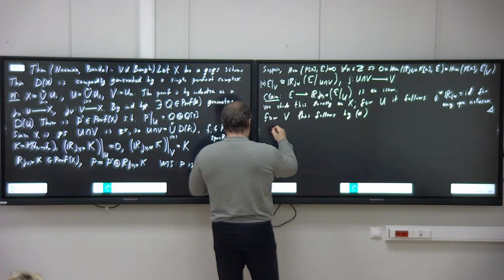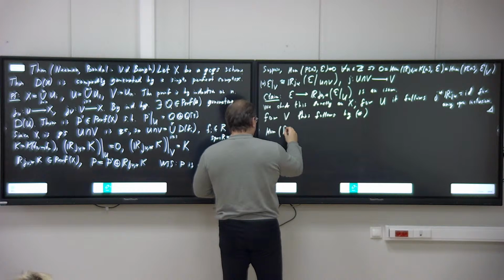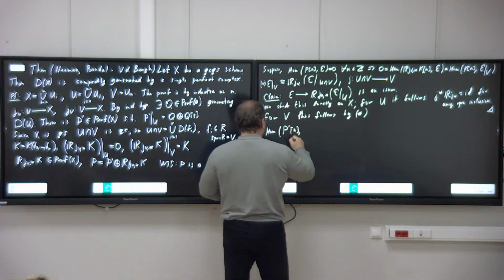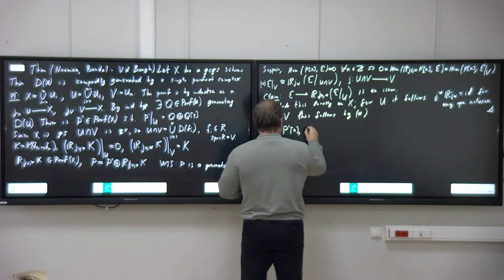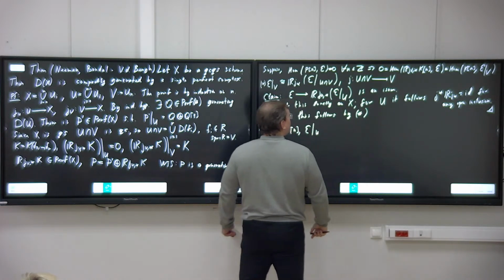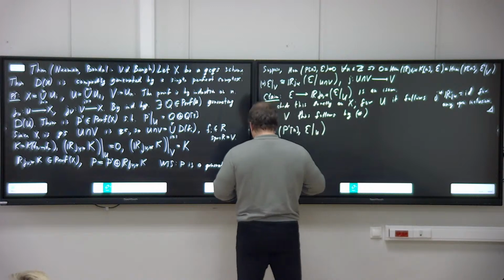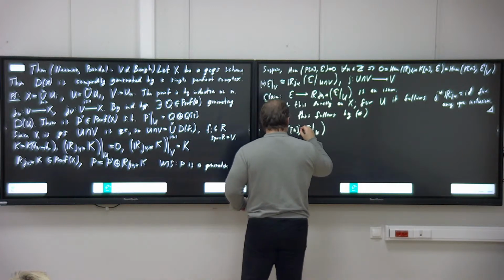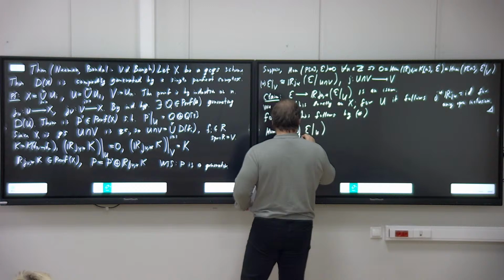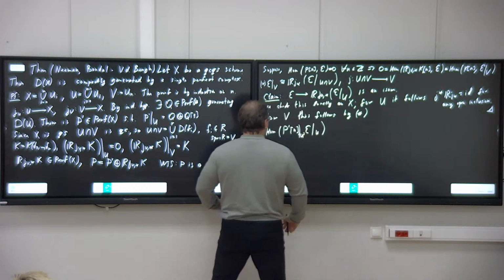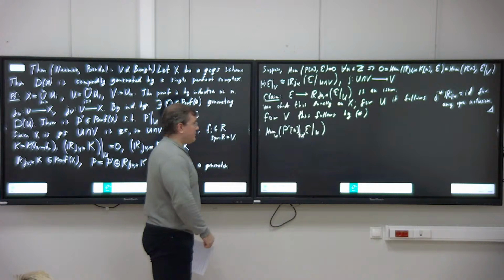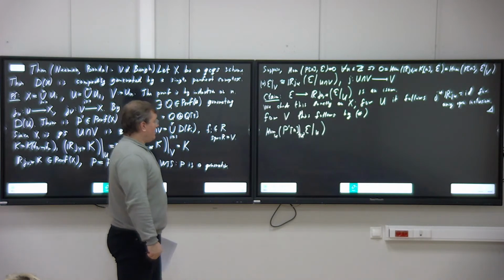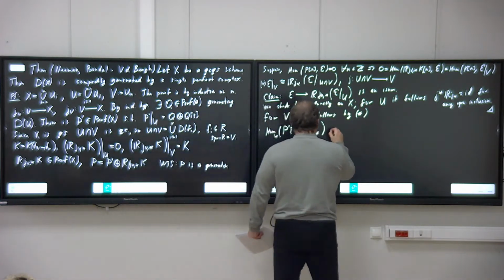Because when I have now Hom from P prime of n to E restricted to U, sorry, no, this is not what I want. I want to take P prime shifted by n, restrict this also to U, and then look at the Hom in the derived category of U. If I look at this Hom, I can use the adjunction.